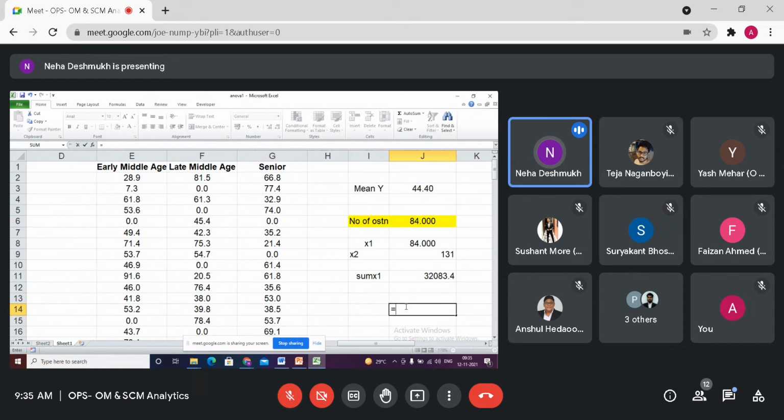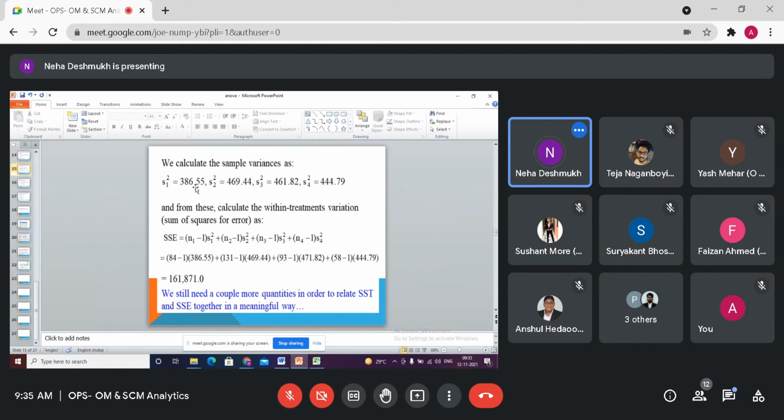What did we do here? This sum divided by 84 minus 1, directly 83. 386.54. See. Right? So in this way you can calculate the sample variance.